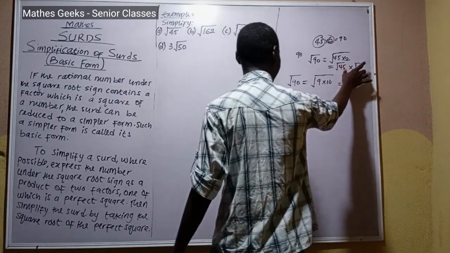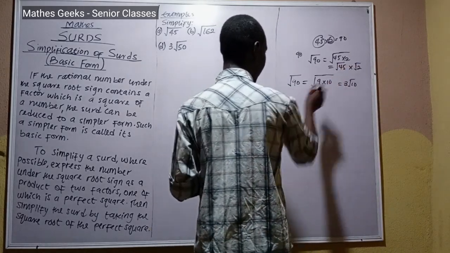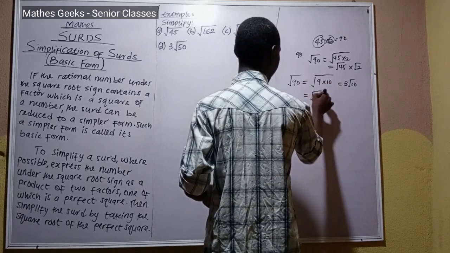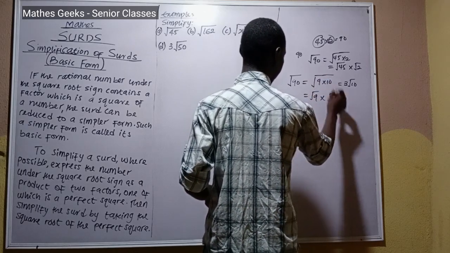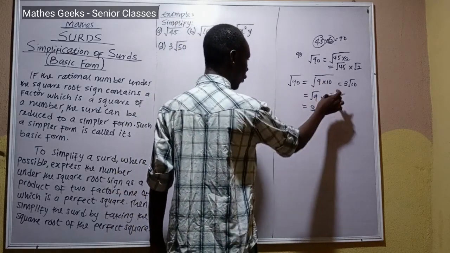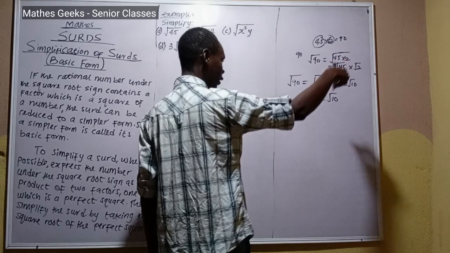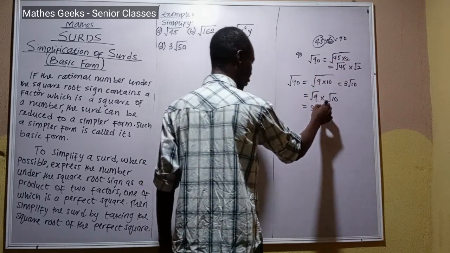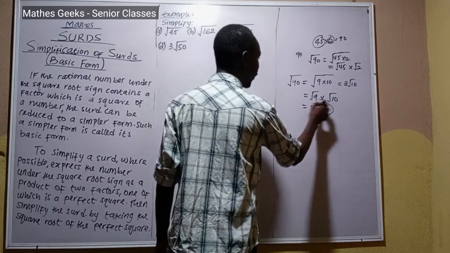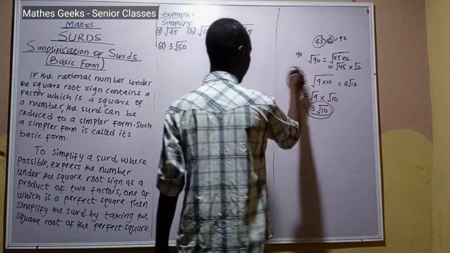None of them will give me exact values, unlike where I used 9 times 10, these two factors of 90. Here, root 9 times root 10. Root 9 gives me an exact value, which is 3, but only root 10 gives me an inexact value, so I'll simply leave it as root 10. This is the simplified form of root 90.